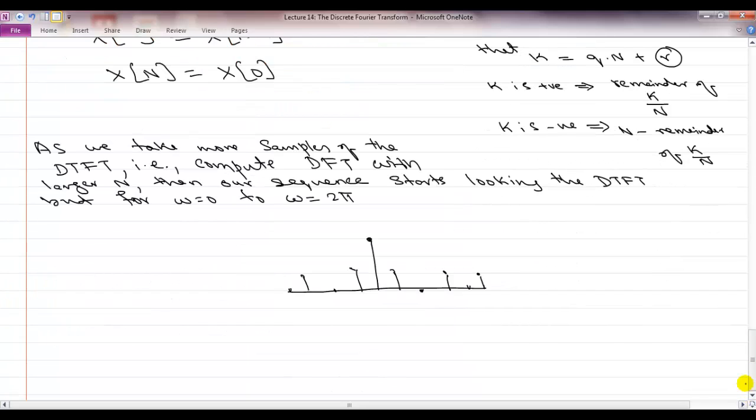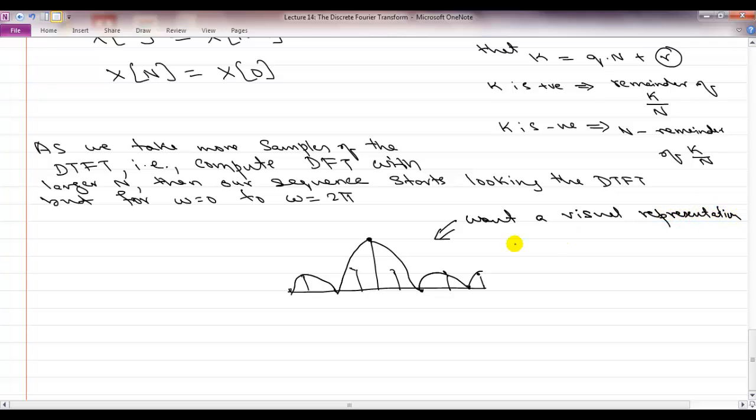The reason you want a sequence like this is because then you know that your DTFT looks like this shape. Okay, so we want a visual representation like the following.